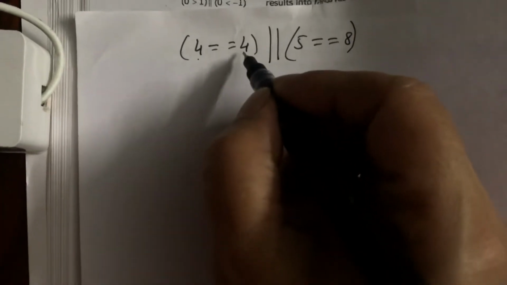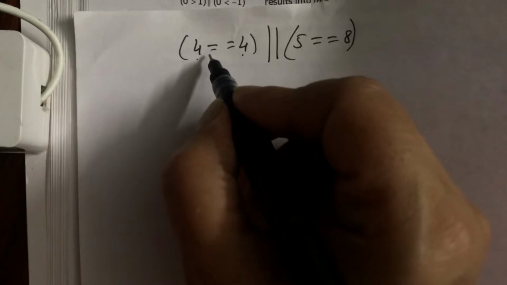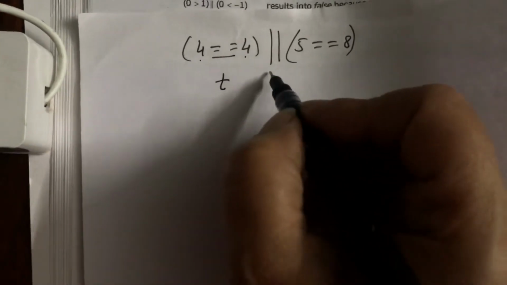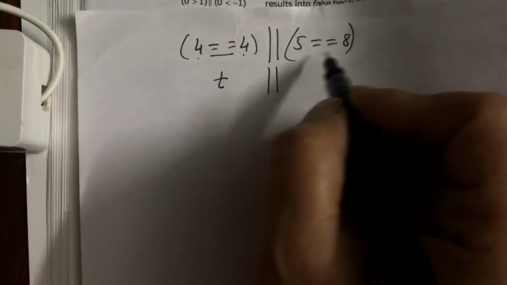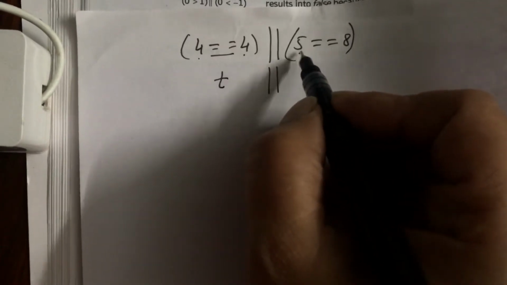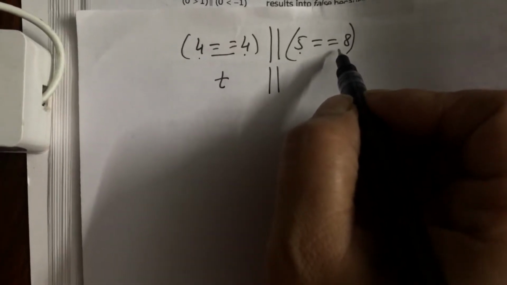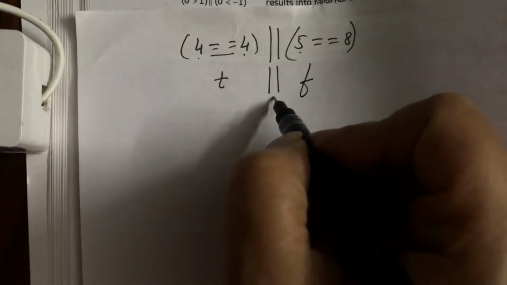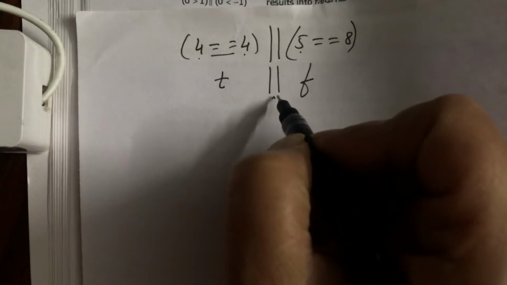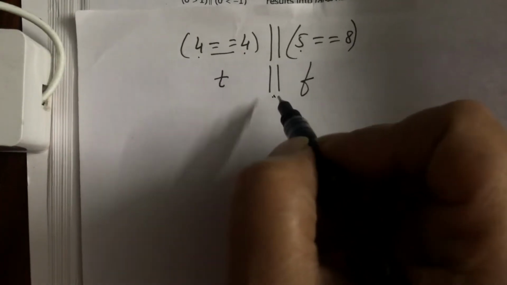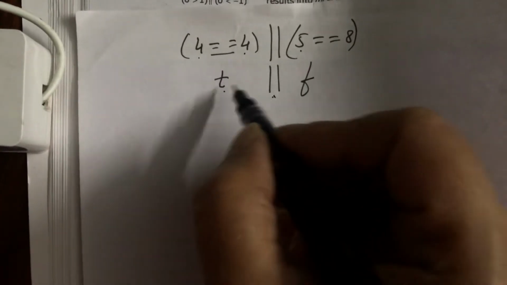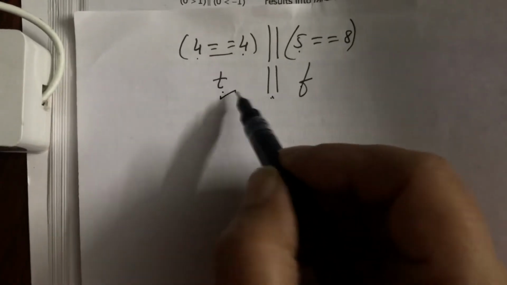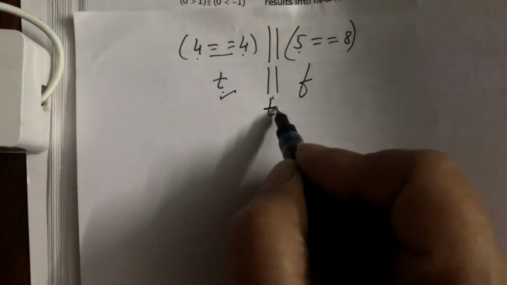So this is the condition, and if this is the equality operator, so the answer is going to be true. Or if this is the condition, is 5 double equal to 8? No. So the answer is going to be false. So what is the criteria of OR? If you want the total answer as true, then either of these has to be true. So we have this one, so the final answer is true.